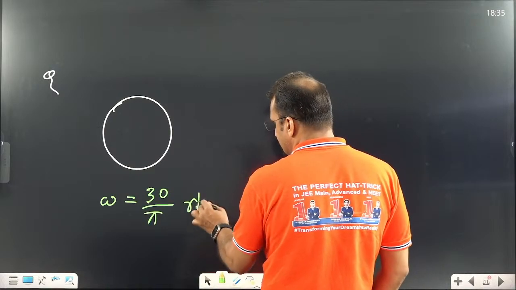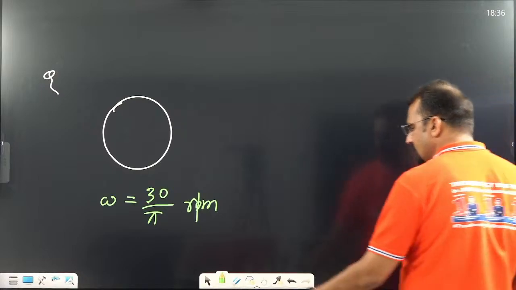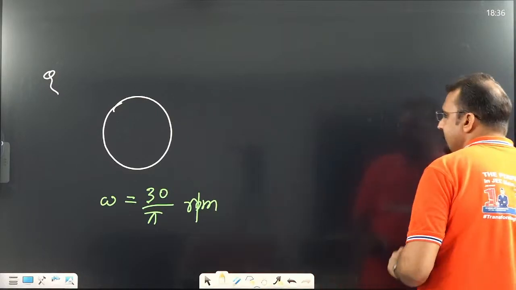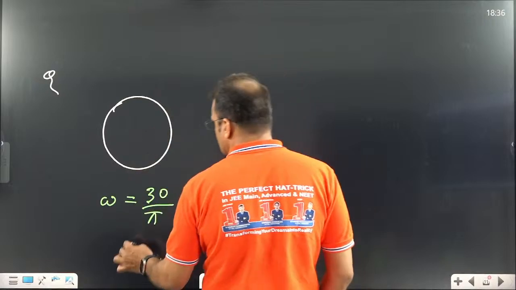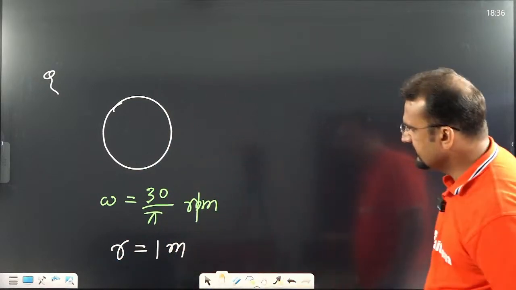Try to listen to this question. I just want to know whether you are aware of these units and everything or not. Omega is given, and the radius of circular motion is also given. The radius of circular motion is 1 meter.